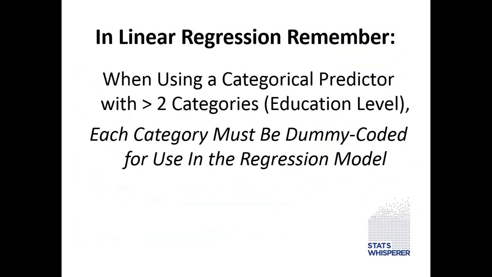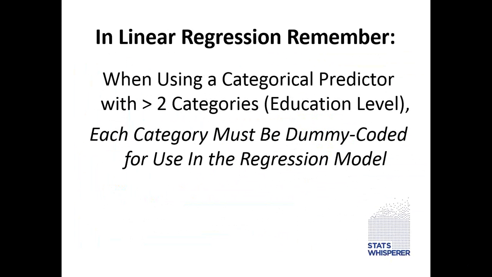Now, very essential fact here. When we're doing a regression model, and this could be linear regression, binary logistic, and the multinomial also, when you have a predictor, an independent variable or covariate variable that's categorical, but it has more than 2 categories, you need to dummy code that variable.